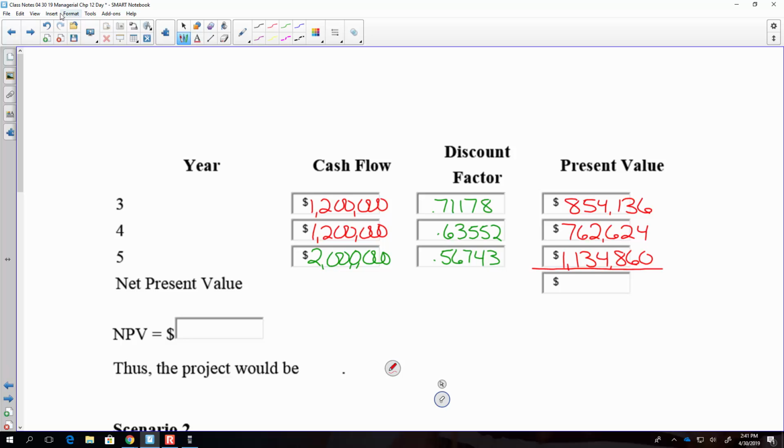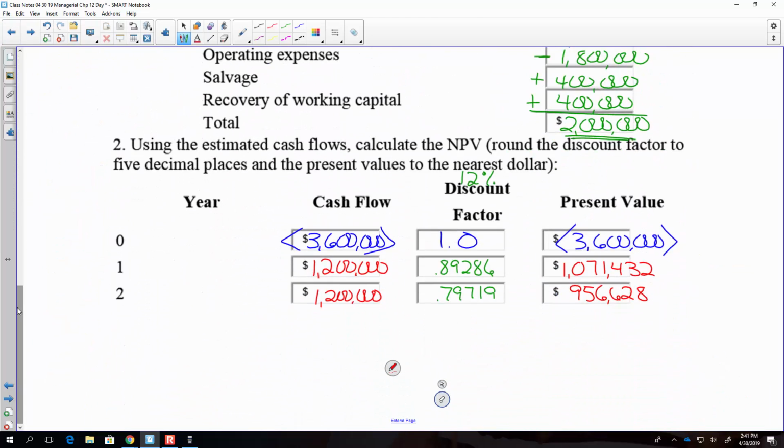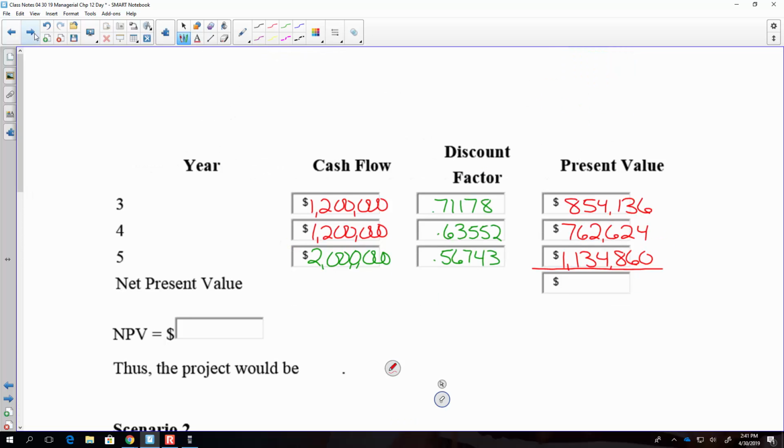We combine the negative with the positives to get the net present value. So if I go back here, starting with my blue number, 3,600,000 negative, I'm going to add all the positives. This is good.